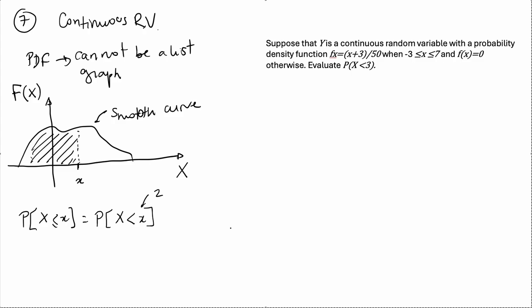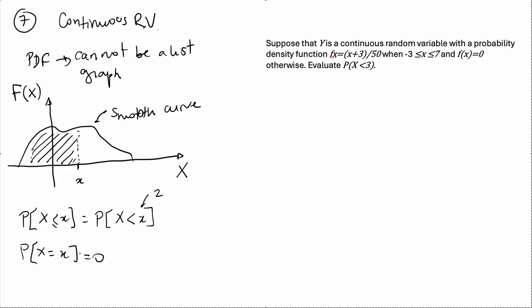So it's very unlikely that you assume exactly a value, but you can find the probability within a range, right? So that's why we use the less than or greater than notation. So the probability of x being equal to x is actually 0, okay?